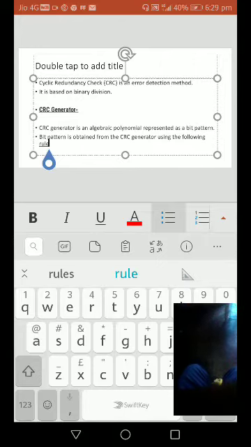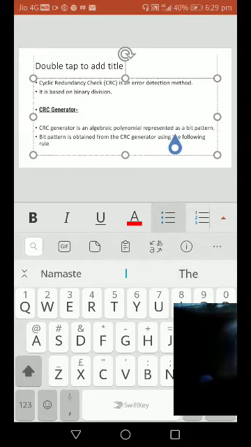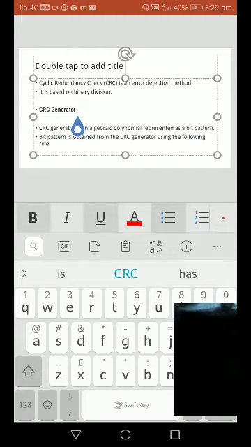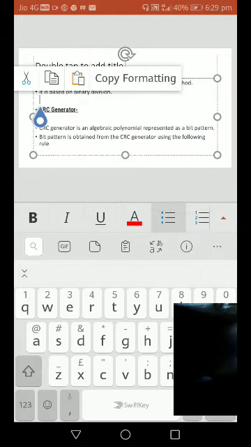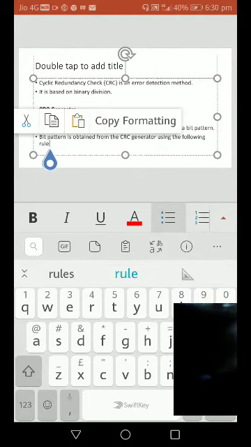The bit pattern is obtained from the CRC generator using the following rules. Then we move to the next slide.